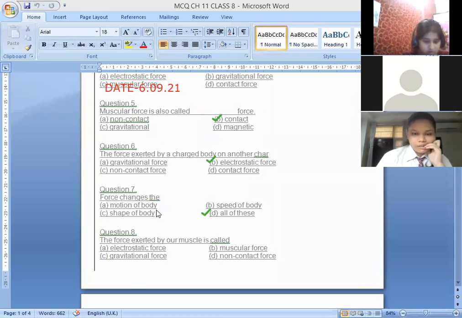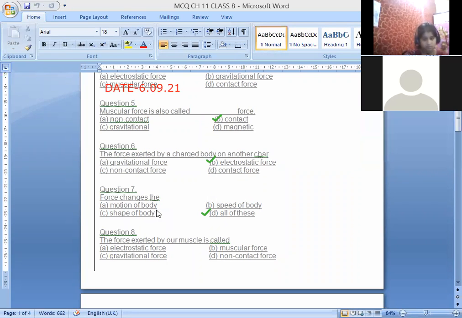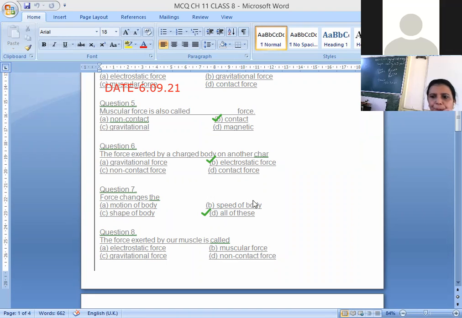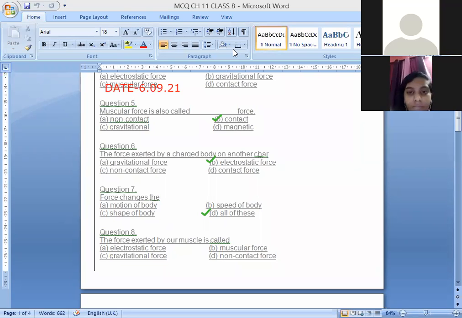Can I have an example of this motion of the body? While applying a force, the motion of an object can be changed. How? Any example can I have? Ma'am, if you will apply pressure on the body, it will obviously change its force.